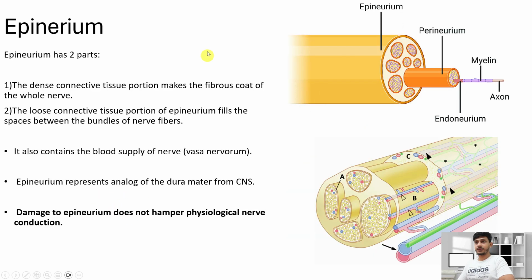So what is the epineurium? The epineurium is the outermost dense connective tissue covering the entire nerve, and it makes up the fibrous coat.